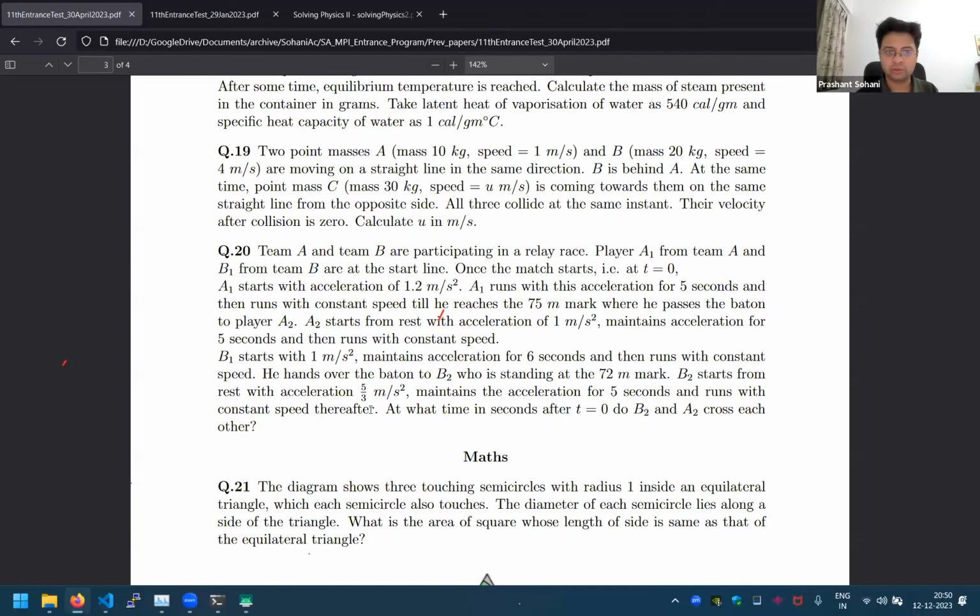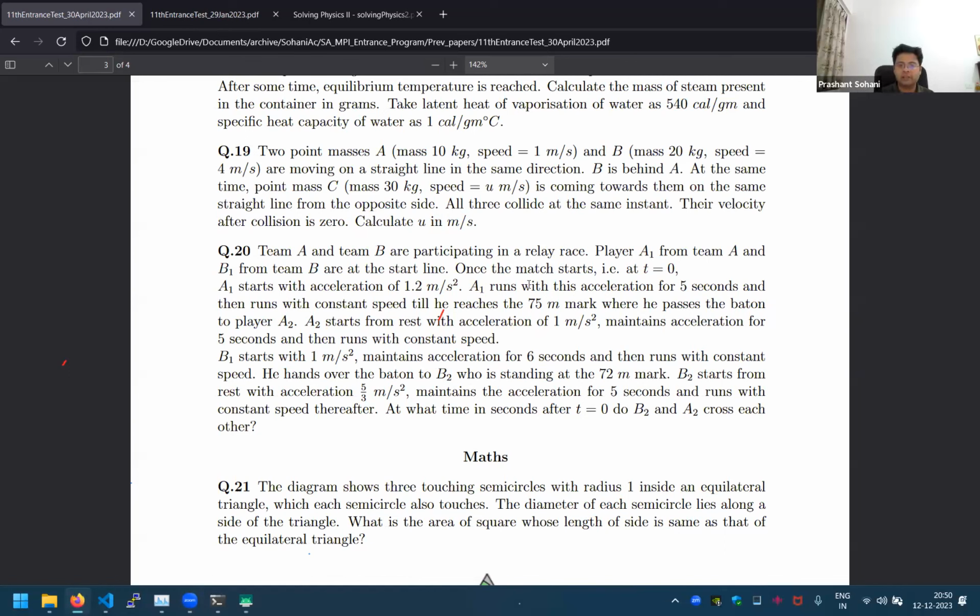So the diagram is going to look something like this. Team A and team B, and the players A1 and B1 start at the starting line. Let us first look at only A1, and completely work out what A1 is going to do, what A2 is going to do.